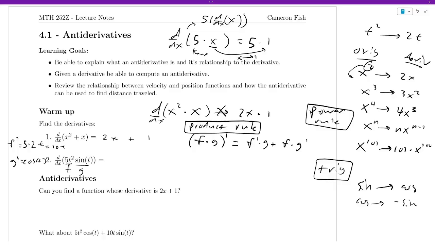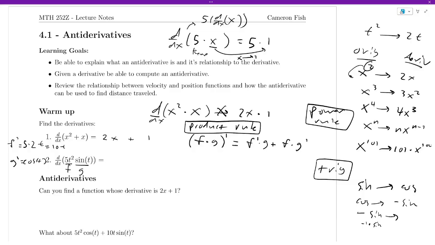And because of this leaving the 5 out front idea that we did before, that already tells me right away about negative sine. Negative sine is like negative 1 times sine. I already know that sine goes to cosine, and the negative 1 just stays out front, just like the 5 stayed out front.